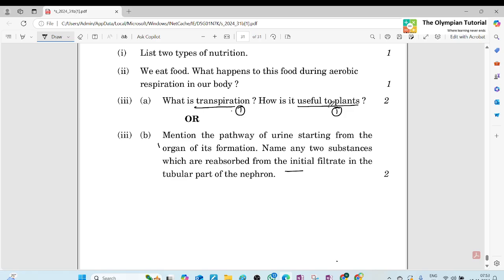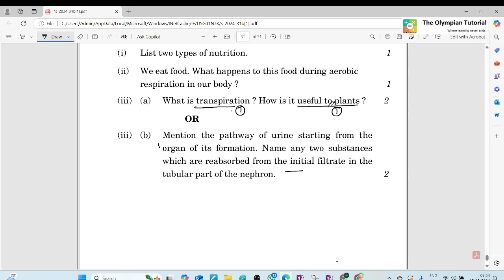The loss of water in the form of gaseous vapors from the stomata of the leaves is known as transpiration. Proper definition is given. The loss of water in the form of vapor from the aerial part of the plant is known as transpiration. Aerial part means the part which is in the air.